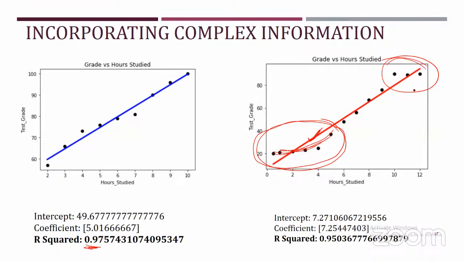Now here in this case also, in these two parts it is not holding a linear relationship, but what we have done is tried to formulate it using a linear relationship. So earlier it was 0.97, and because of this missing part it has reduced to 0.9.